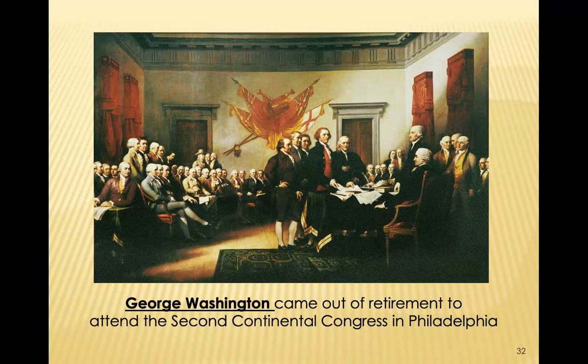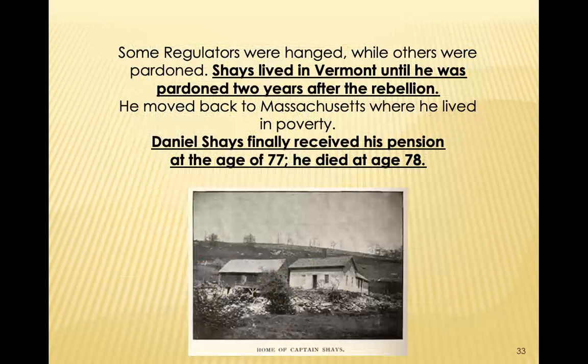In other words, more incidents like Shays' Rebellion are going to happen unless something changes. So George Washington comes out of retirement and attends the Second Continental Congress in Philadelphia because it is very apparent that something has to change.